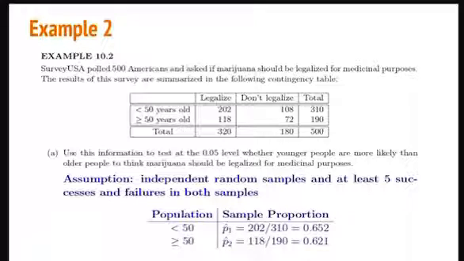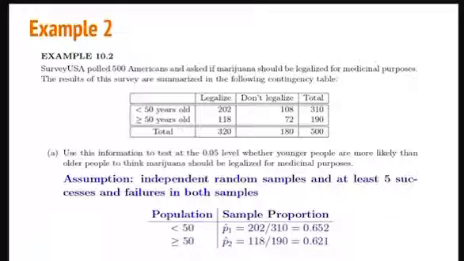The question says, use this information to test at the 0.05 level whether younger people are more likely than older people. They're focusing on comparing the perception of younger and older. The younger here is going to be less than 50, and older will be greater or equal to 50.